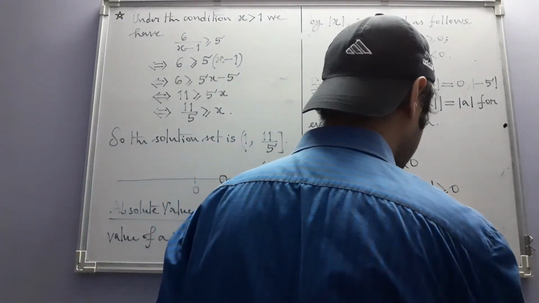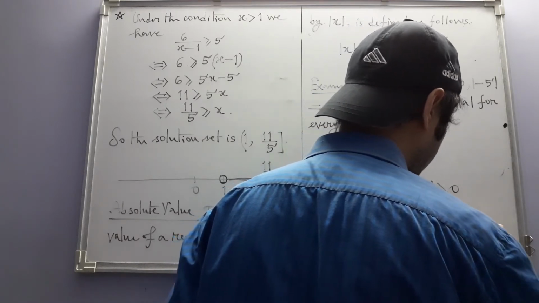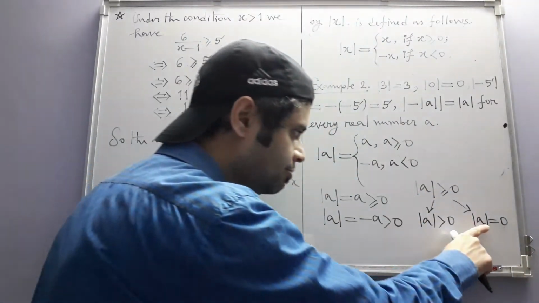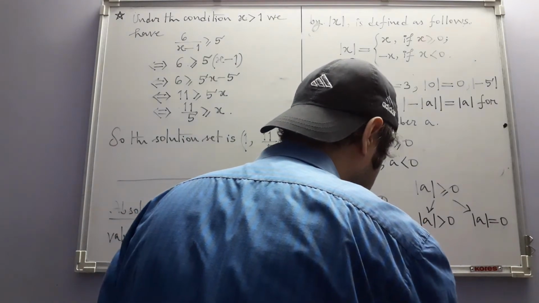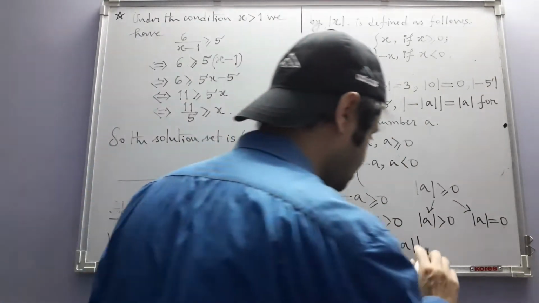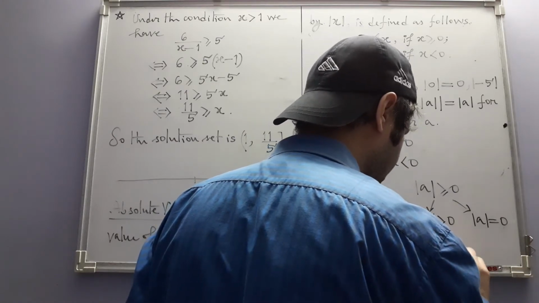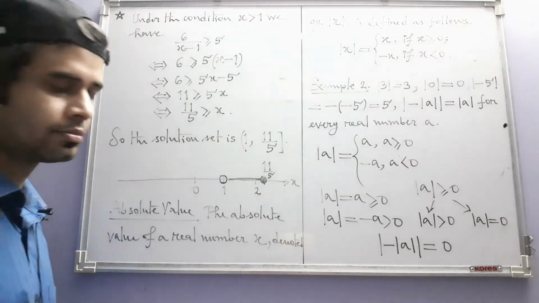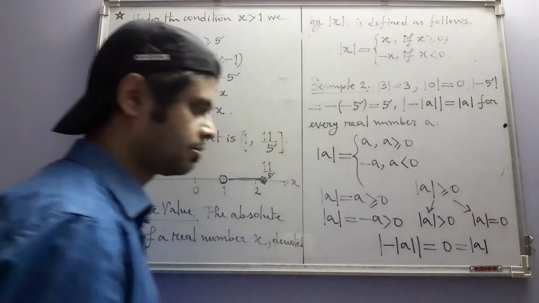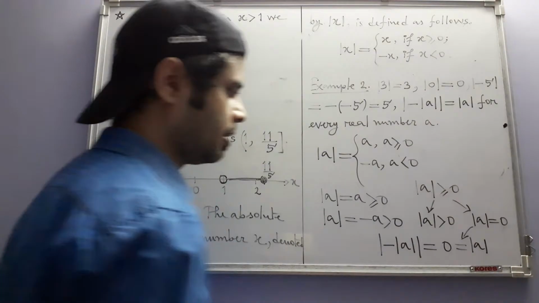Now there are two cases. Either this is strictly greater than 0 or this is equal to 0. If this is equal to 0, then its negative is also equal to 0. So in that case, we will have 0, which is equal to this. If this turns out to be equal to 0, it's this case.